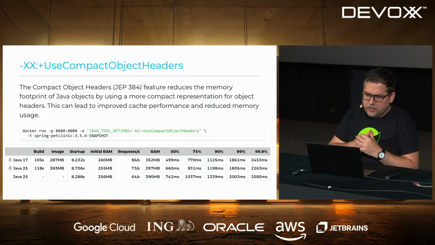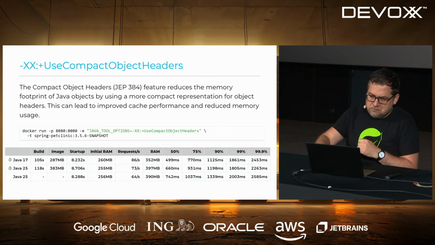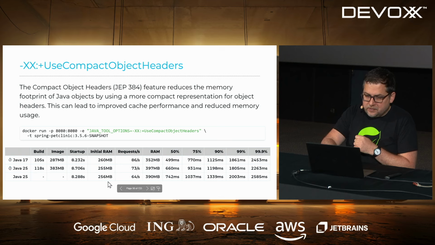But at least the idea is to save some memory for your application, and that's possible, as you can see. It's also surprising that the startup timing improved by half a second.